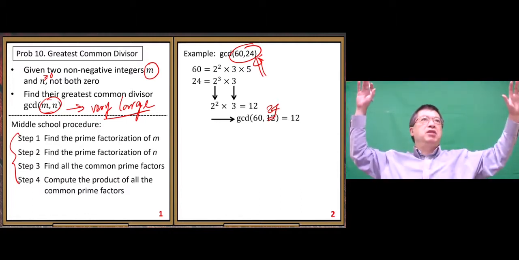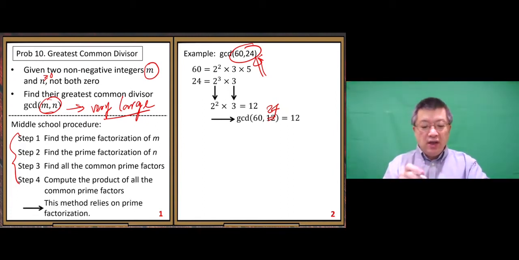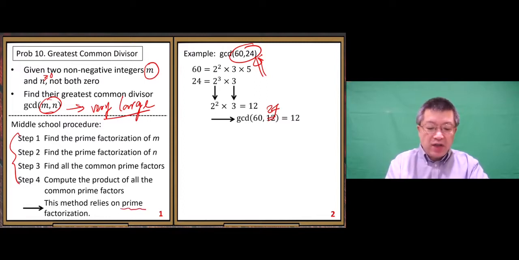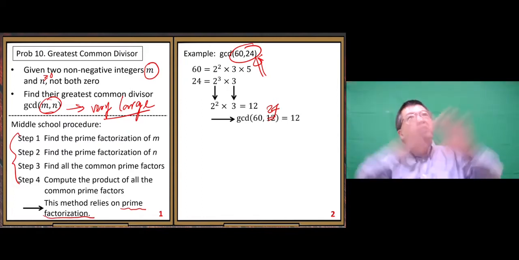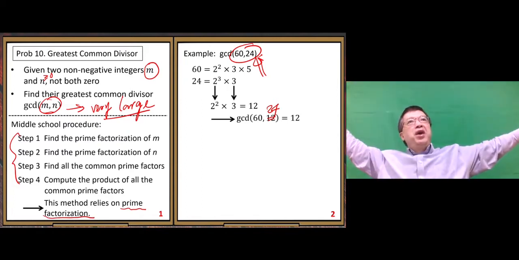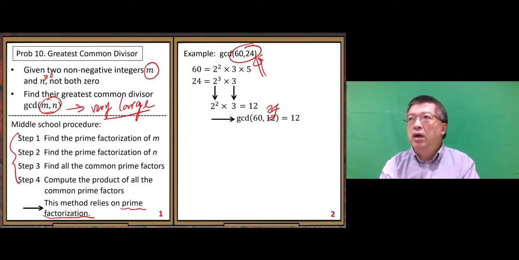Very large numbers. In that situation, this prime factorization step will be extremely hard. Think about a huge, giant number, how hard is the prime factorization?